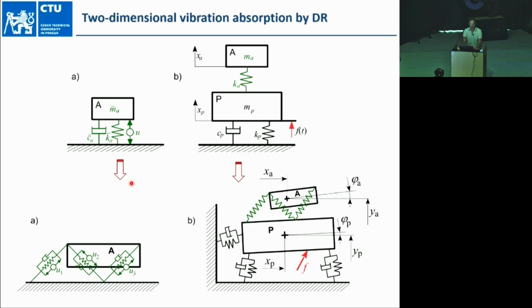So what we want to do is to move the concept from a single degree of freedom to planar vibration absorption, which is of course more difficult because for a single degree of freedom absorber you only need a single actuator. So if we want to go from 1D to 2D, we need 3 actuators, and if we want to go to 3D, we need 6 actuators. So we just move from the SISO problem to a MIMO problem.